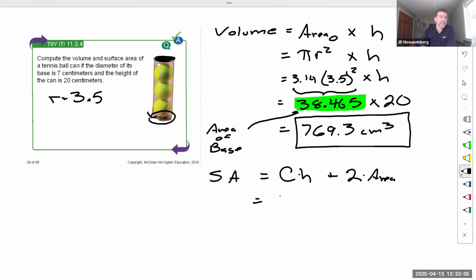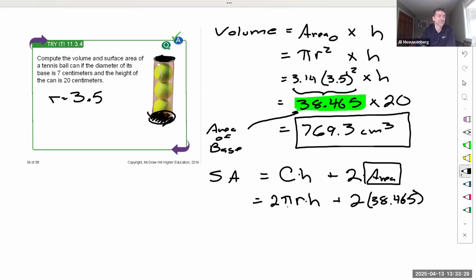So the circumference, again, is 2 times pi times the radius, and then we'll multiply that by the height. And then our area, remember we actually already calculated that? That was this highlighted number in green. So I'm just going to plug that in right now, 38.465. Again, that's going to take care of both of these ends of my cylinder.